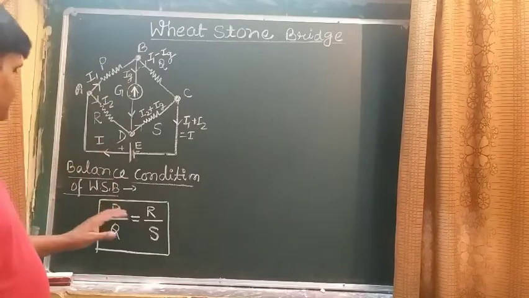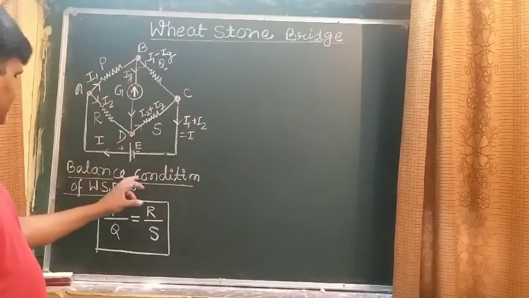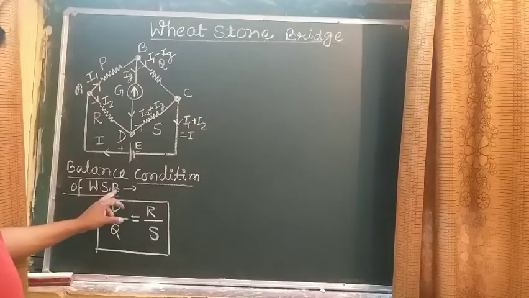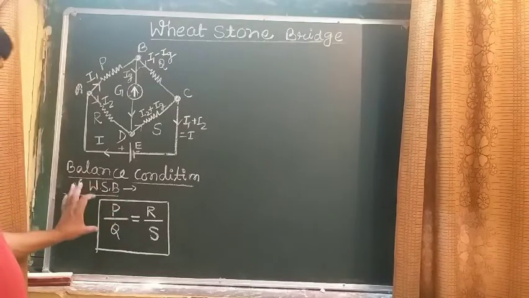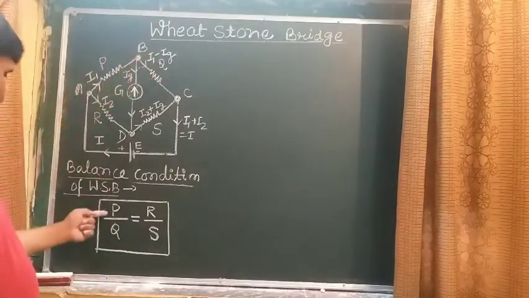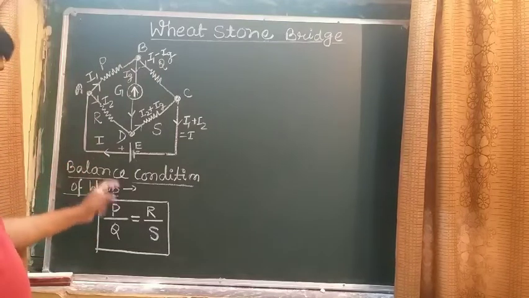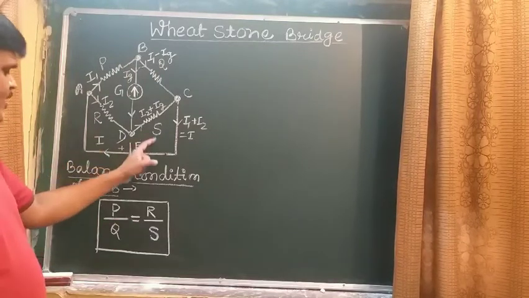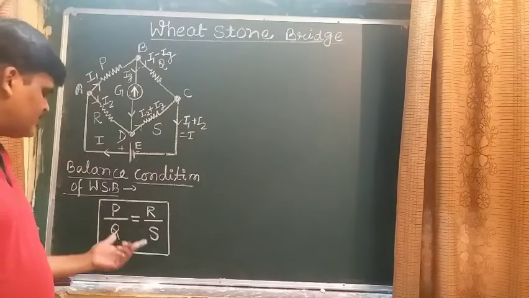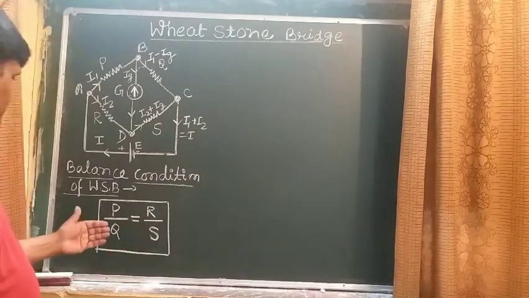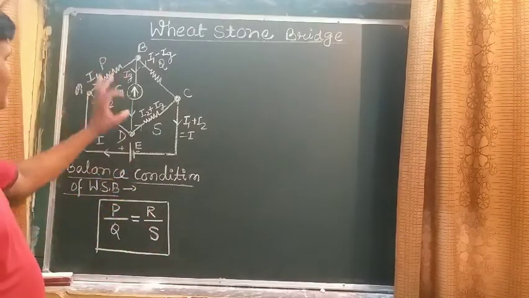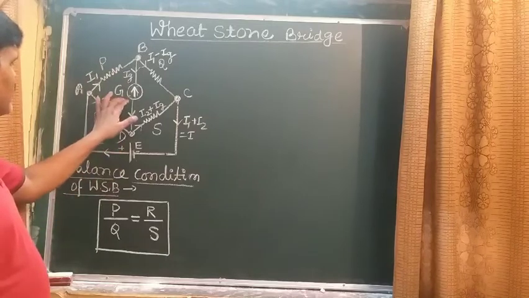So we can say that the bridge is balanced, and for the balance condition of the Wheatstone bridge, WSB meaning Wheatstone bridge, the ratio of P by Q equals the ratio of R by S. So P by Q equals R by S is the balance condition of the Wheatstone bridge when no current flows through the galvanometer.